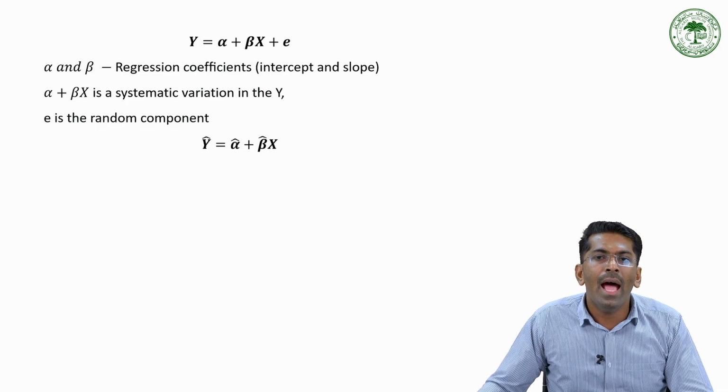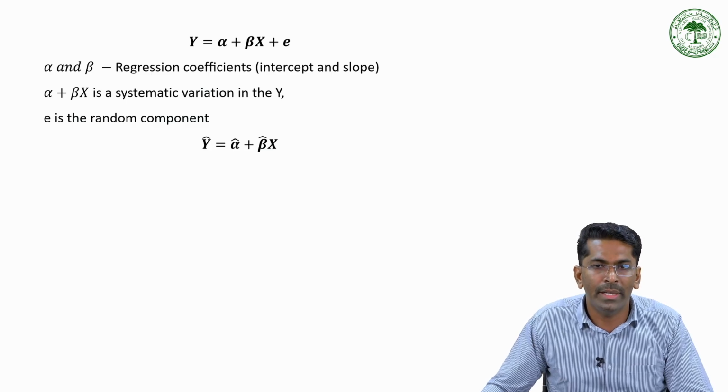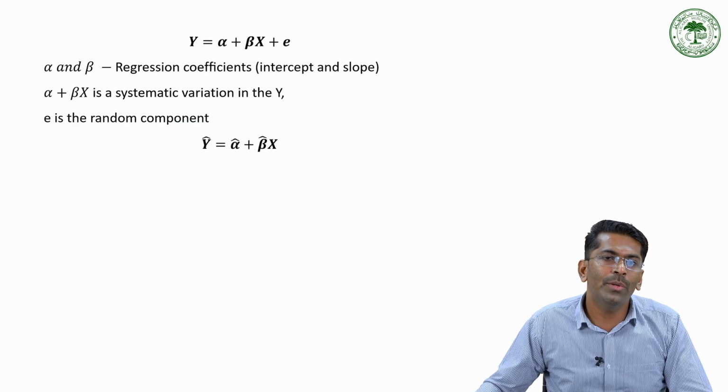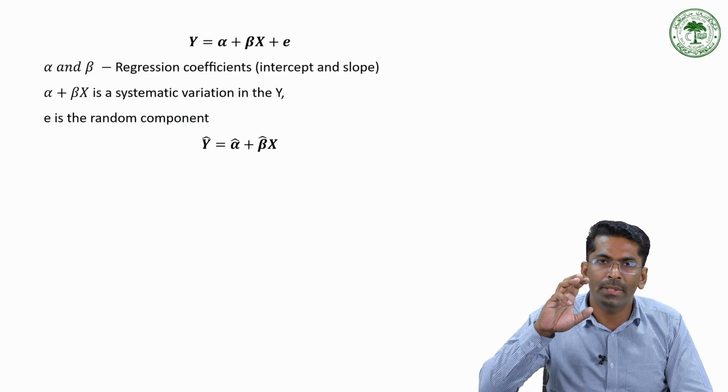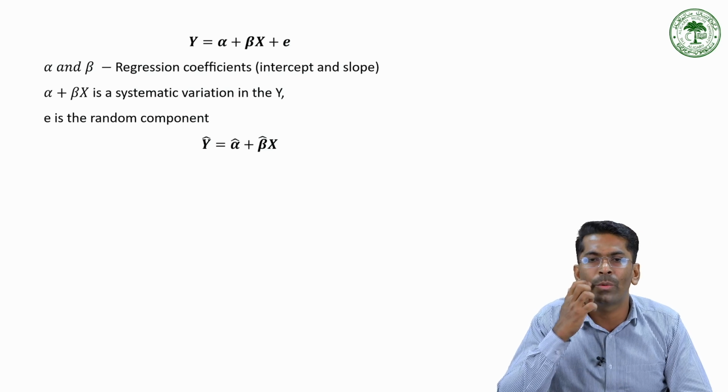After estimating these parameters, we get the sample regression equation, which is generally called the fitted regression line, that is y hat equal to alpha hat plus beta hat x. This is the line that is the best fit for the sample data in the least square sense.